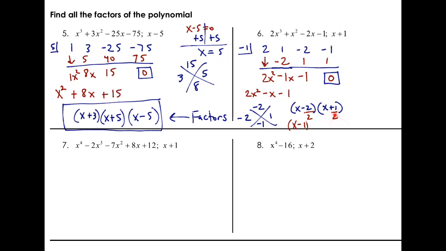Can't leave it as a fraction, so we go ahead and pull this up front. Remember, bottoms up. So that becomes 2x plus 1. So our factors are, we started with x plus 1. Then we have x minus 1. And then 2x plus 1. These are our factors.